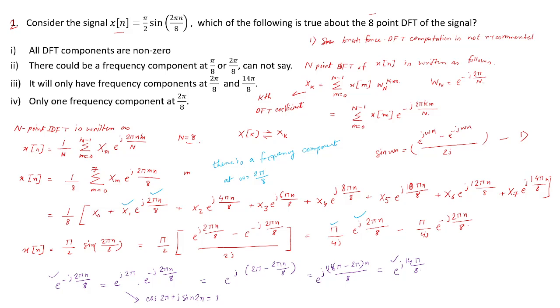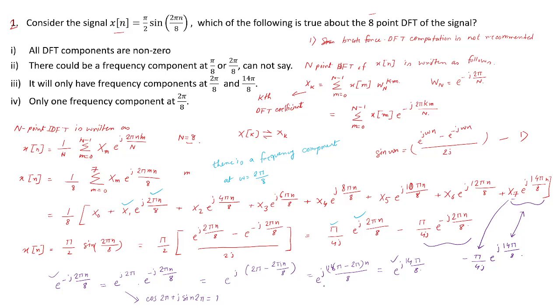That may not be obvious, but the frequency of minus 2 pi by 8 is just 14 pi by 8. So this term you can write as e to the power j 14 pi n by 8. Now you can see that this matches the highest frequency in the expression of xn. Therefore x7 is this value, minus pi over 4j.